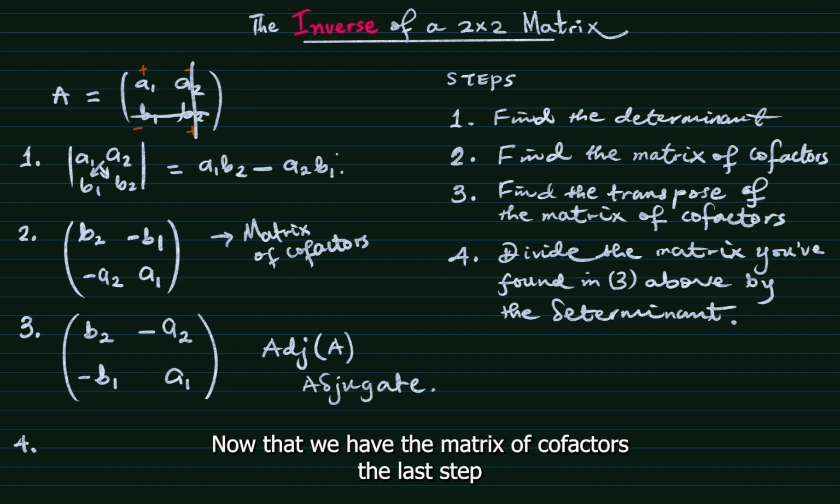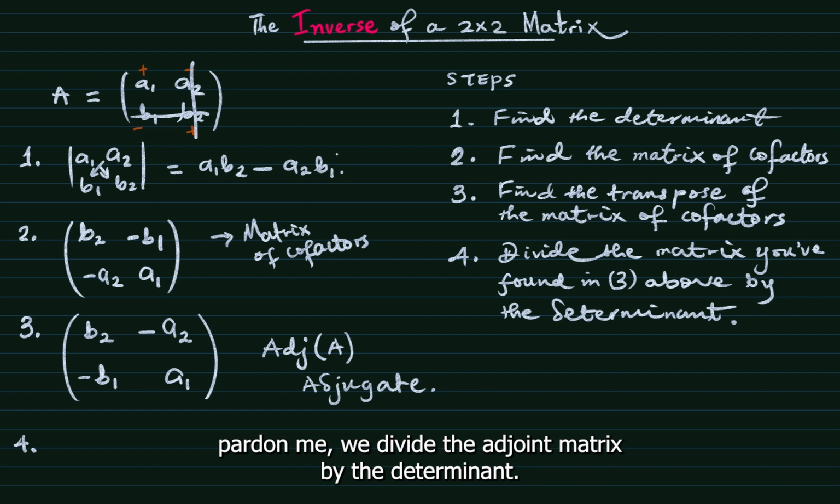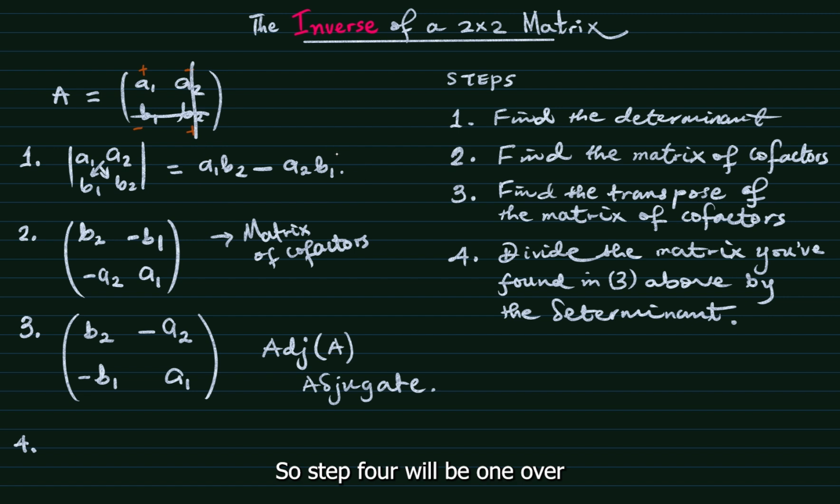Okay, now that we have the adjoint matrix, the last step will just be to divide it by the determinant. So step 4 will be 1 over A1B2 minus A2B1.